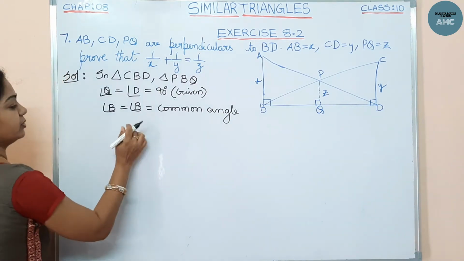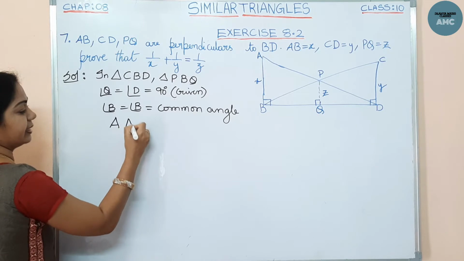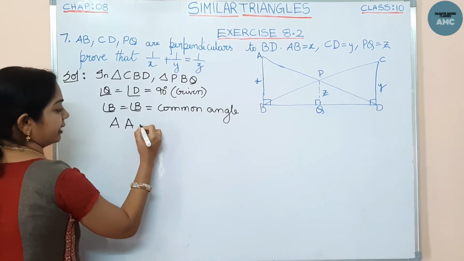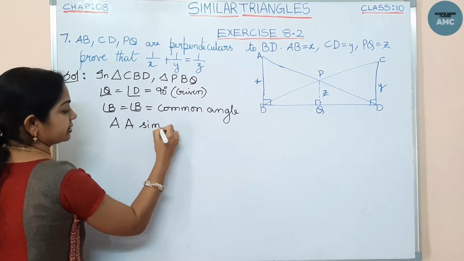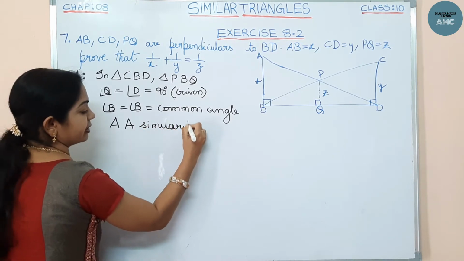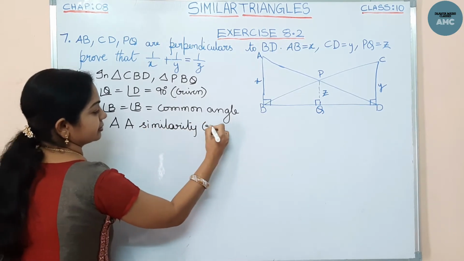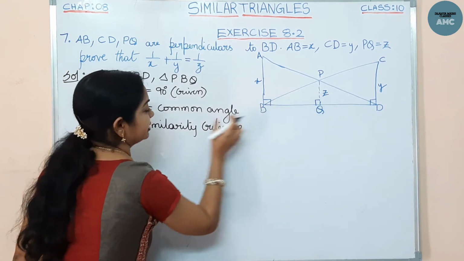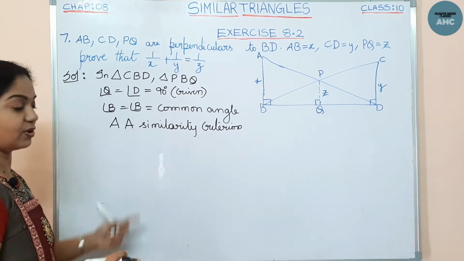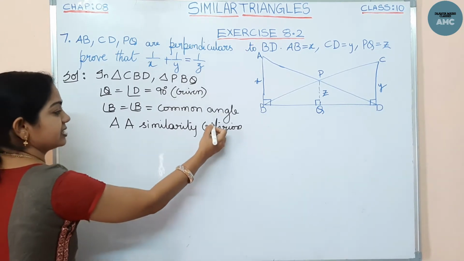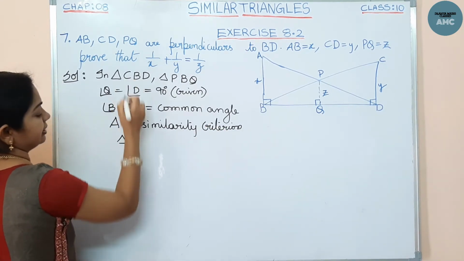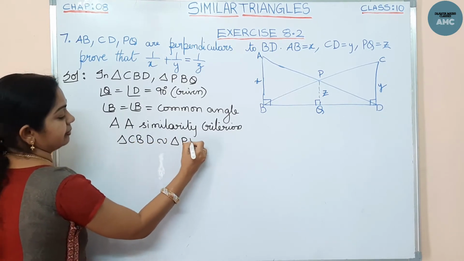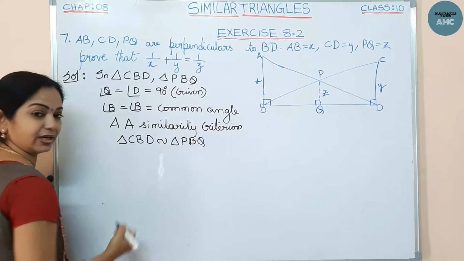So by the angle similarity criterion, we can say that the triangle CBD is similar to the triangle PBQ. These two are similar.